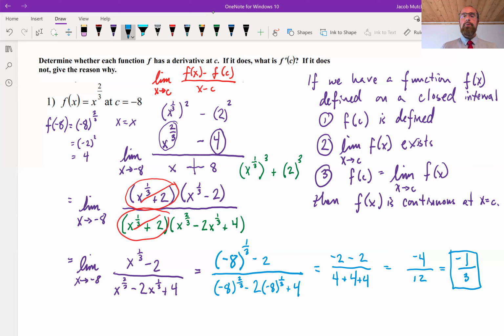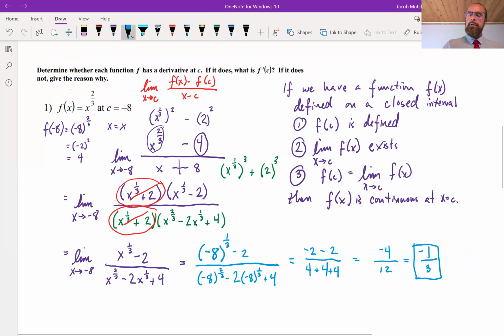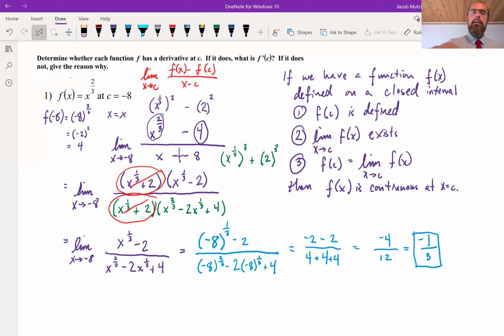Again, we could interpret that as slope. The slope of the tangent line to that curve at negative 8 is negative 1/3. Just to picture what that's doing, remember from our continuity check, this function looks like this. Definitely at 0, it's got a cusp.